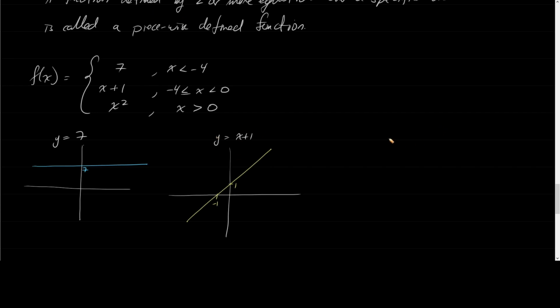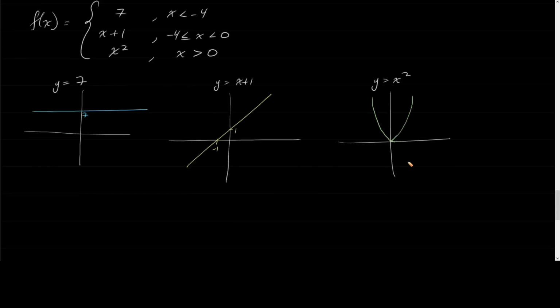And then we're going to look at y equals x squared, which is simply a parabola centered at 0. So when we go to graph our piecewise defined function, what we're essentially going to do is take the pieces that we care about in each of these.